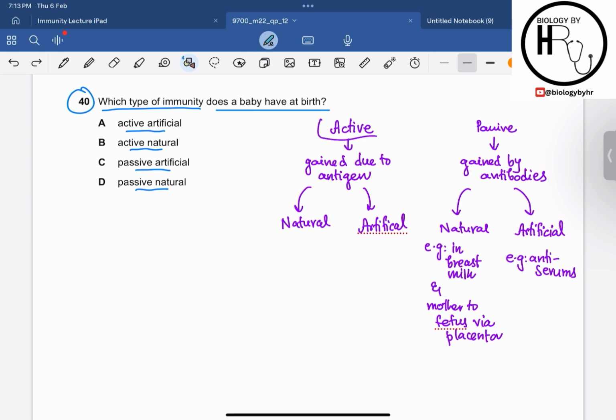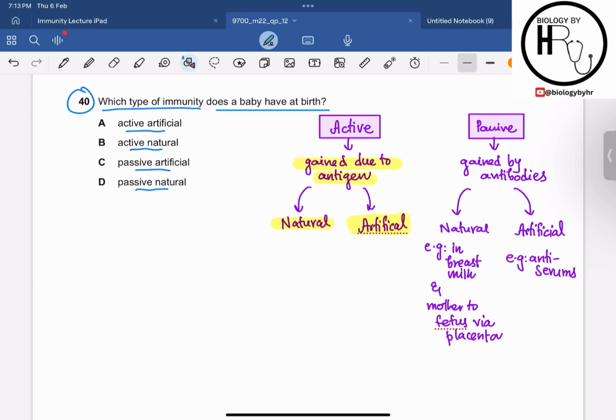Active immunity is the immunity which is gained due to the antigen, right? Now the antigen can enter into the body naturally from the environment, or it can be injected artificially through vaccines as well, right?